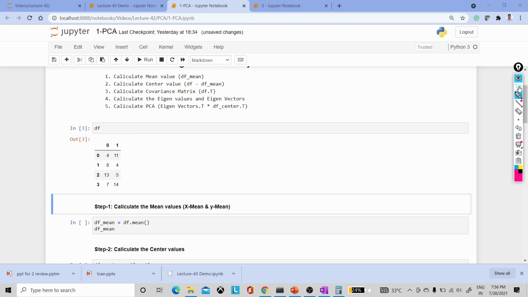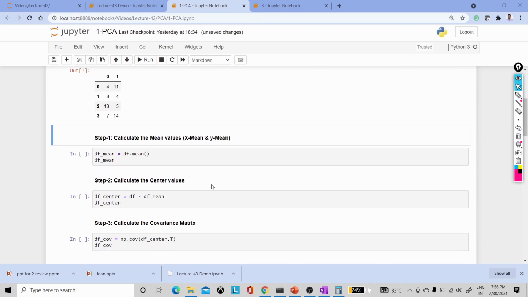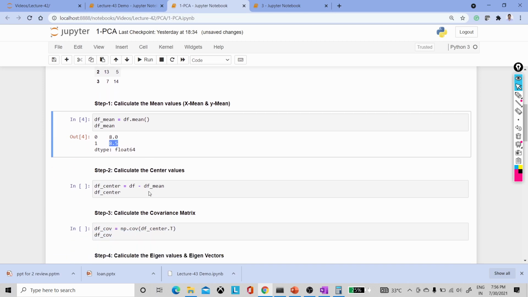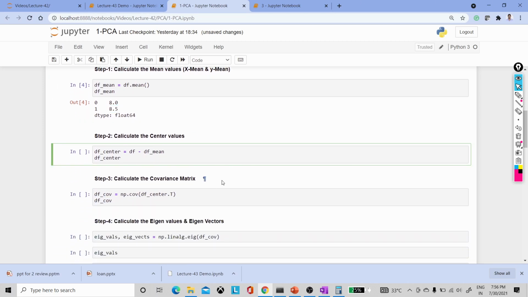Let's see. First we calculate the mean values, x mean and y mean. The x mean will be 8 and the y mean will be 8.5. Now we need to calculate the center values.